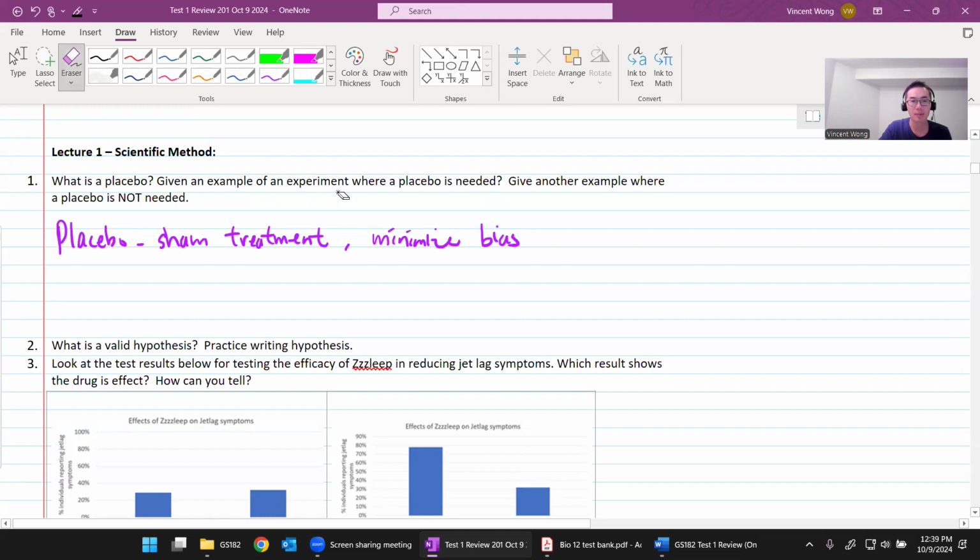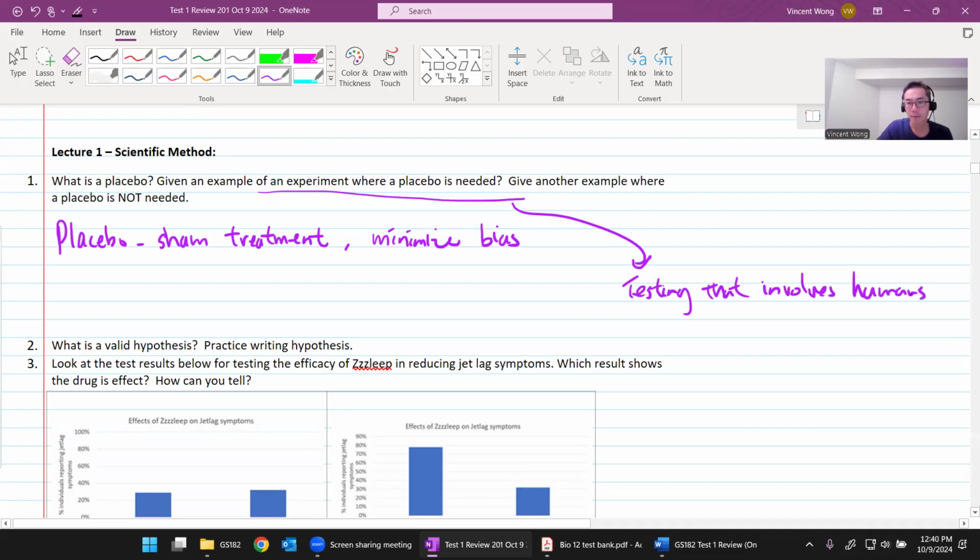Give an example of an experiment where a placebo is needed. So, testing that involves humans, e.g., a new medication. You're going to need a placebo for that. Give another example where a placebo is not needed.